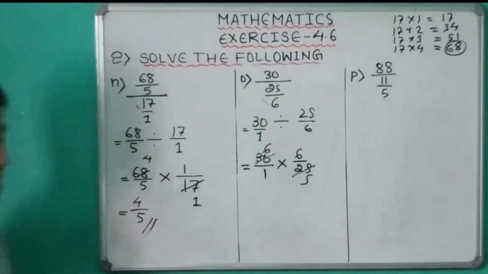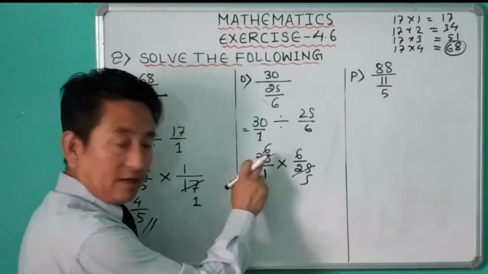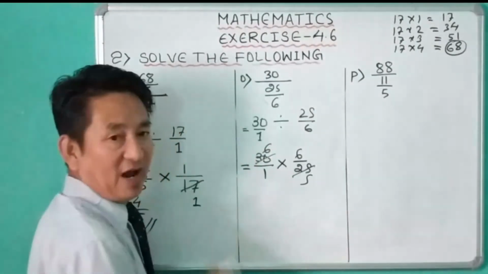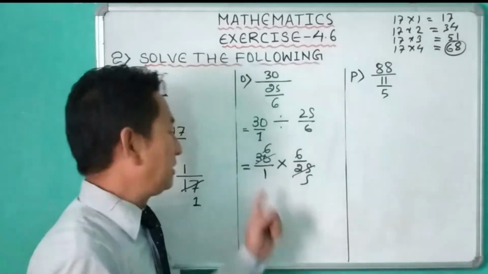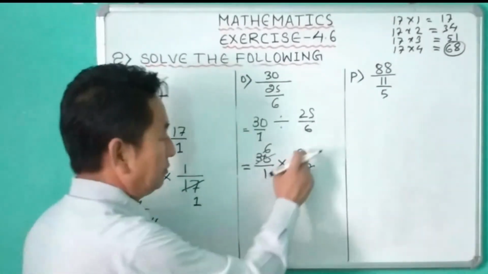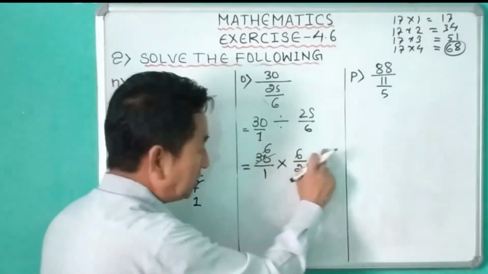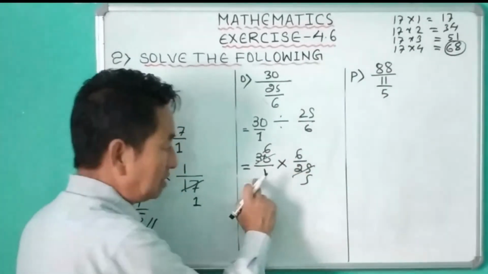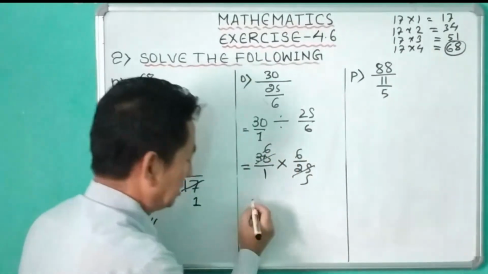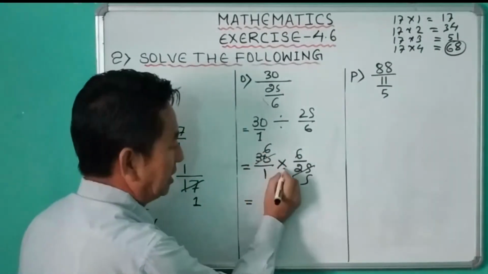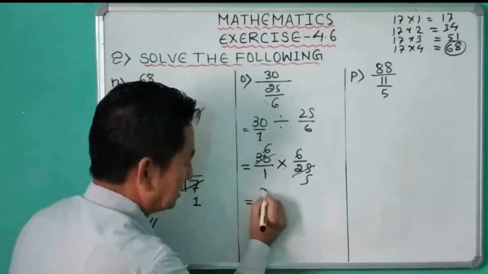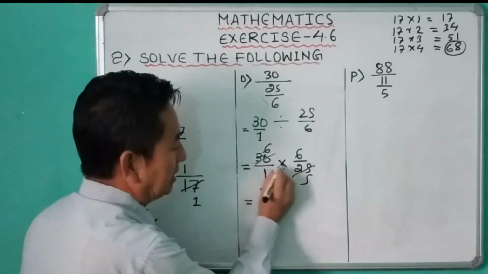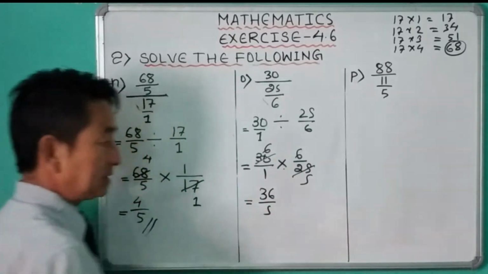Now here we cannot cancel this 6 and 5 because there is no common factor between 6 and 5, and we'll multiply numerator, denominator. Now here 6 into 6, 36, 1 into 5, 5.